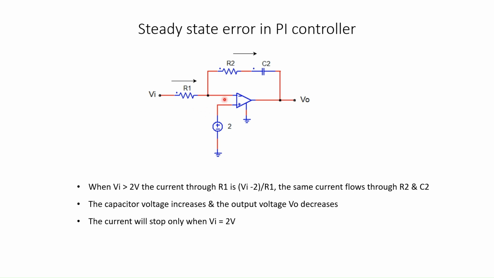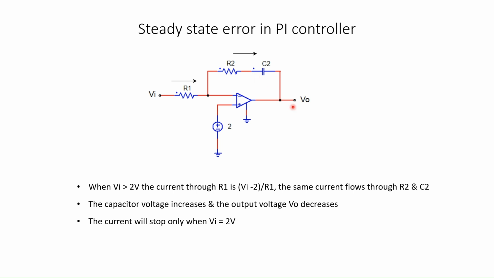Because the operational amplifier input impedance is very high, all the current will go into this circuit with R2 and C2. As this current flows in this direction, you can see that capacitor voltage will be increasing, assuming the dot terminal is positive.